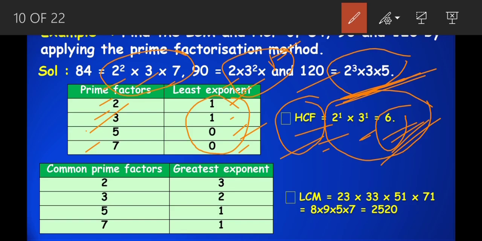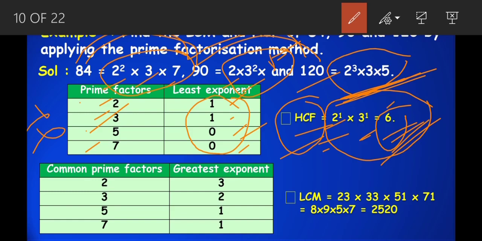Means the highest number which can divide all the terms, because 84 is divisible by 6, 90 is divisible by 6, 120 is divisible by 6. Actually, these three numbers, 84, 90 and 120, are divisible by 2, they are divisible by 3, they are not divisible by 5, they are not divisible by 7, they are divisible by 6.